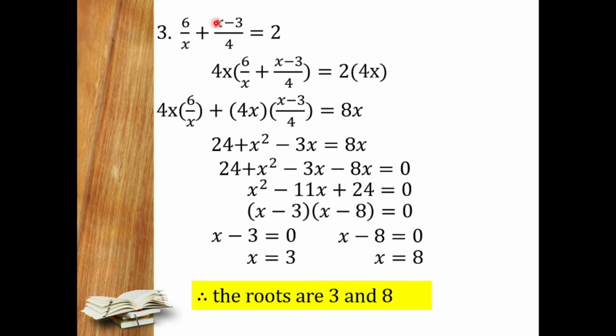Plus 3 minus 3 is 0. 0 divided by 4 is 0. So, therefore, 2 plus 0 is equal to 2. Okay? If x is equal to 8, so therefore we have 6 over 8. So, what is 6 over 8? I-reduce lang po natin. Tama.